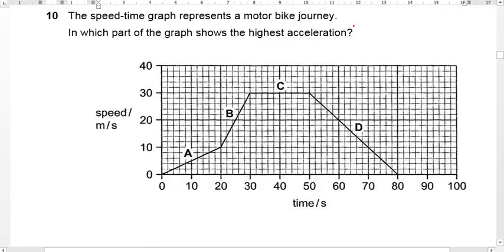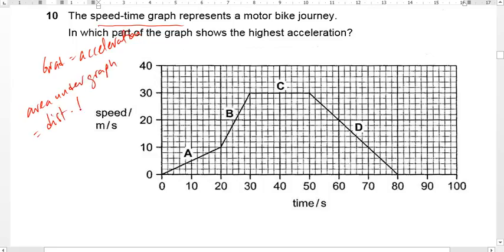Highest acceleration. Okay, speed time graph, so gradient equals to acceleration. Area under graph equals to distance traveled. So we want the highest acceleration, meaning highest gradient, meaning most steep portion.